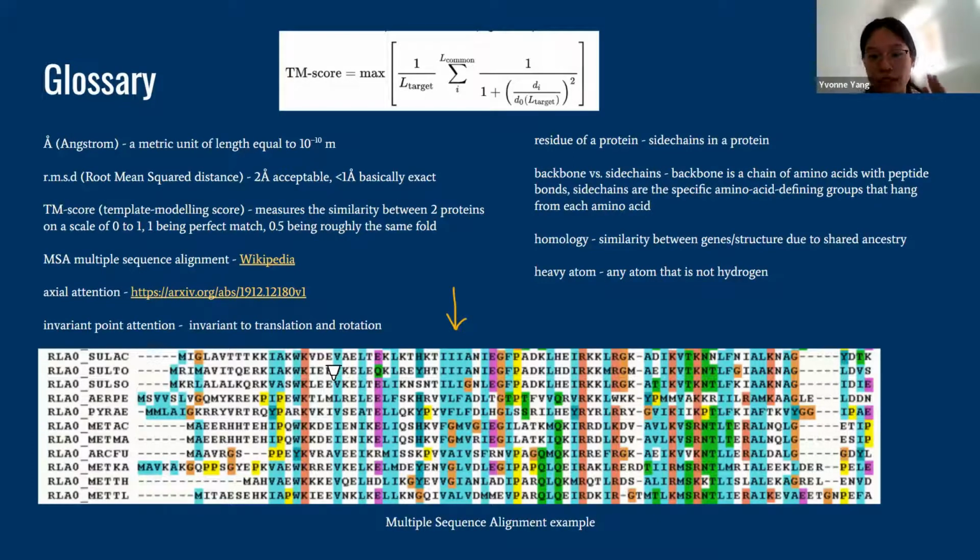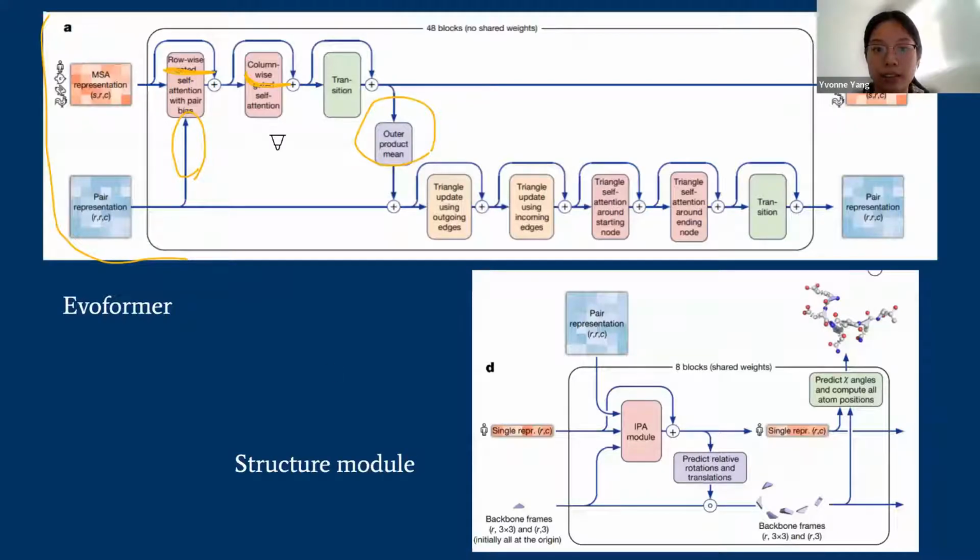So row-wise attention will help you extract information about every single one of these similar evolutionary amino acid sequences, whereas column-wise tells you what mutations happened and how they changed throughout the MSA. And so this is how these are helpful.